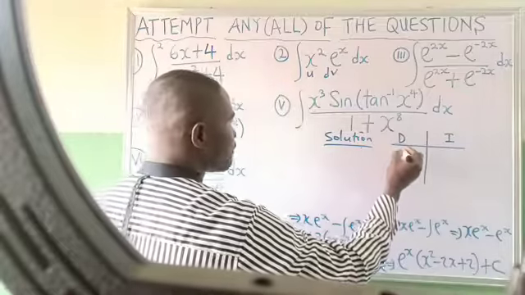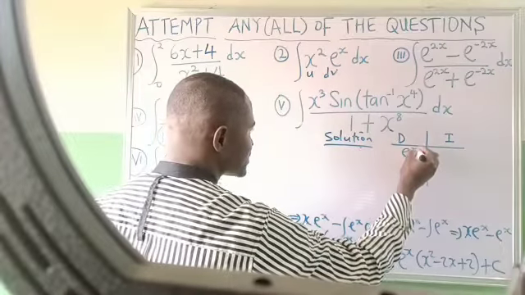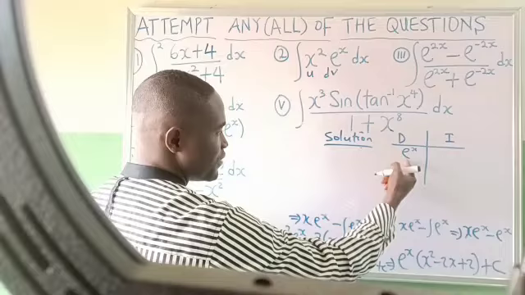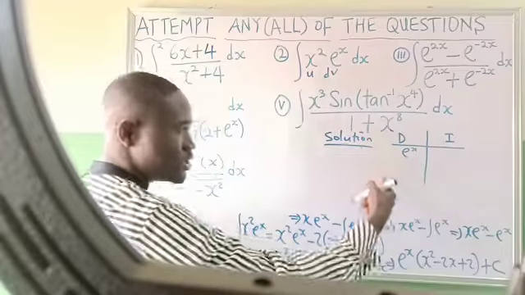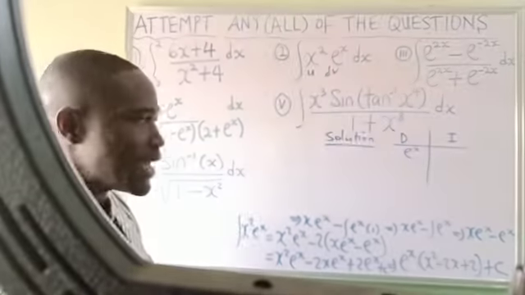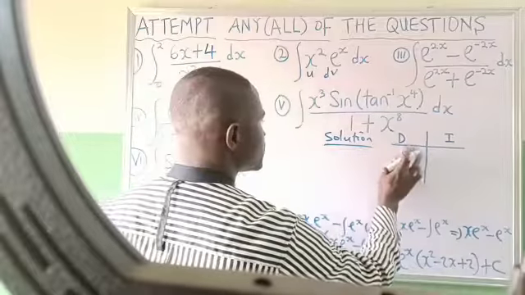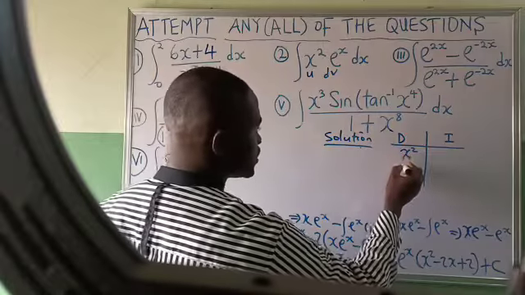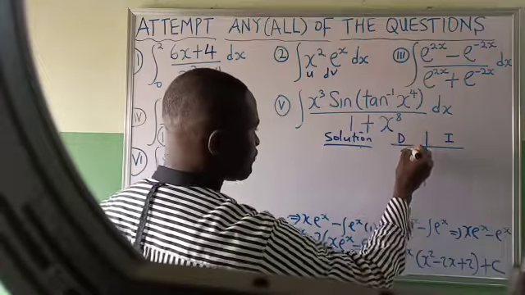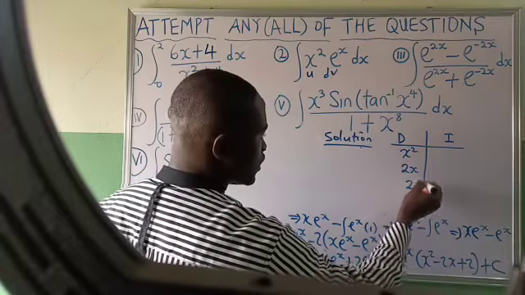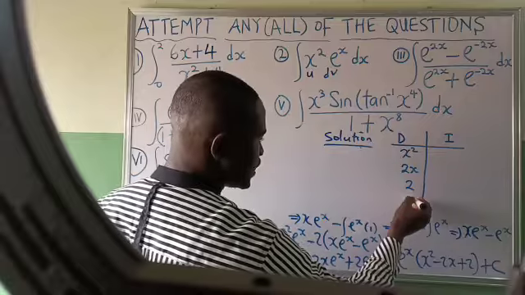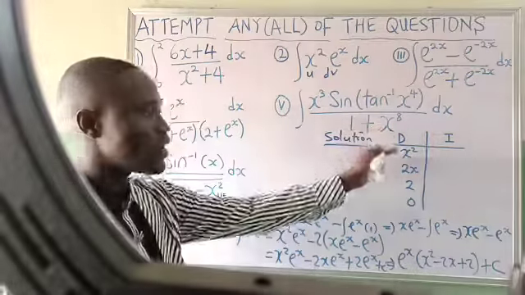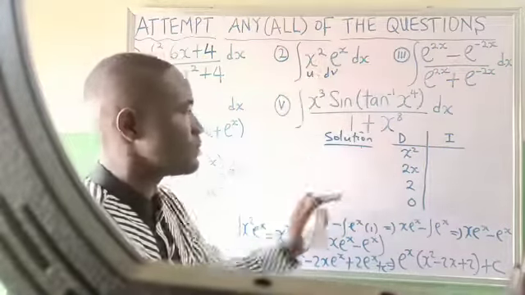You will notice that if I put exponential x here and I'm differentiating exponential x, it will continue to give me exponential x. So I will not put it here. But when I put x squared, if I differentiate, it will give me 2x. If I differentiate again, it will give me 2. If I differentiate again, it will give me 0. So this one gave me 0, so I can put it here.